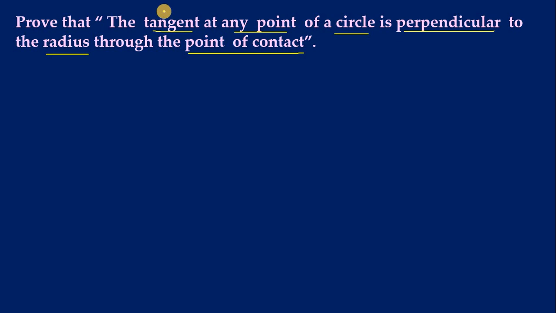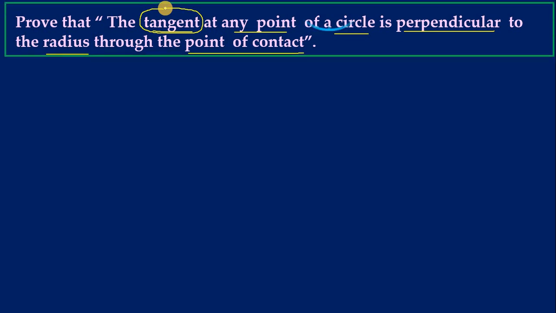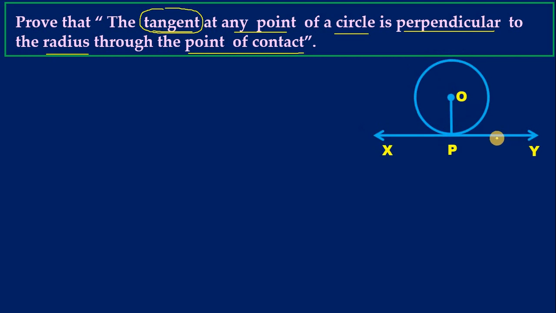First, understand the theorem statement. Here, the word tangent is very important. Tangent means a line which intersects the circle at one point. To help you understand better, let me take a figure here. There is a circle with center O, and there is a line XY.